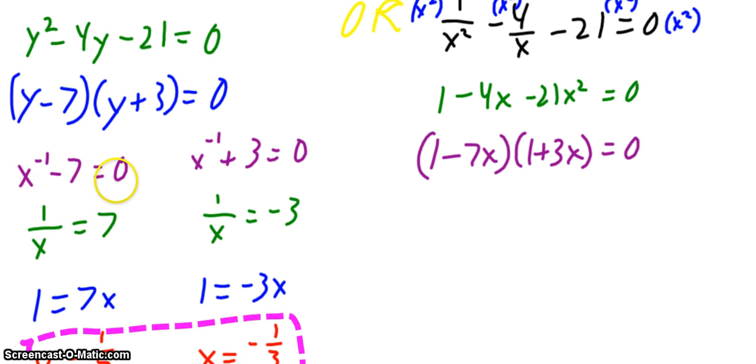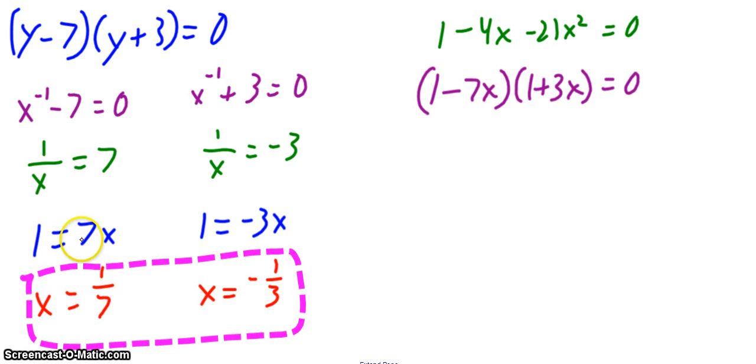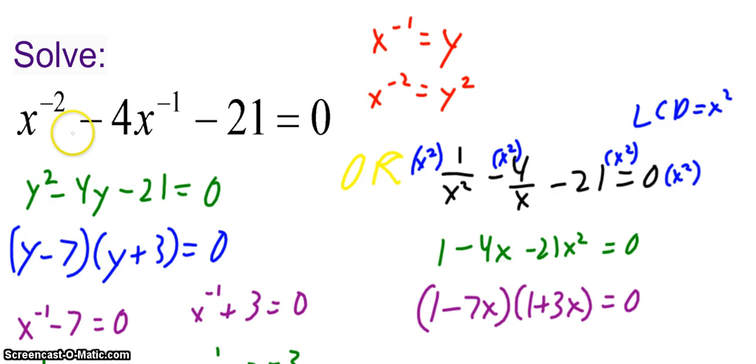I also added 7 to the other side at this point, so 1 over x equals 7, and 1 over x equals negative 3. Now multiply both sides by x, because that's the least common denominator of this little rational equation, so I get 1 equals 7x and 1 equals negative 3x. Divide by 7 and divide by negative 3: x equals 1/7 and x equals negative 1/3. If I plug those back in here, I do not get a 0 for the x, therefore it's not extraneous.